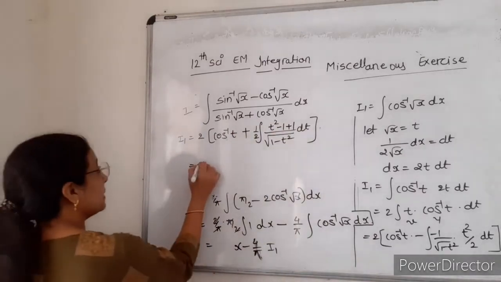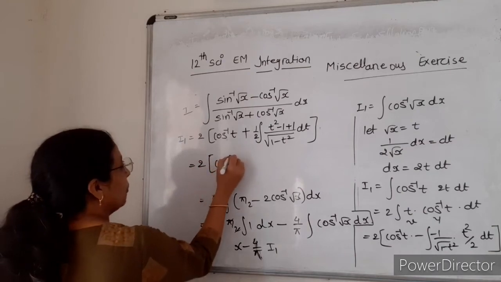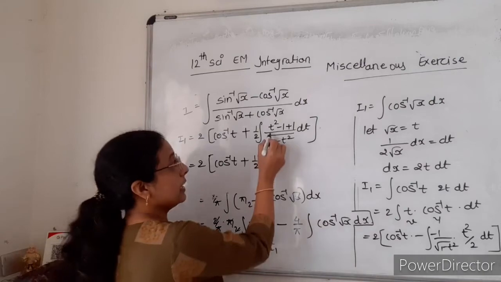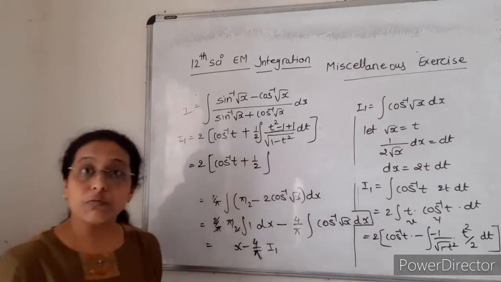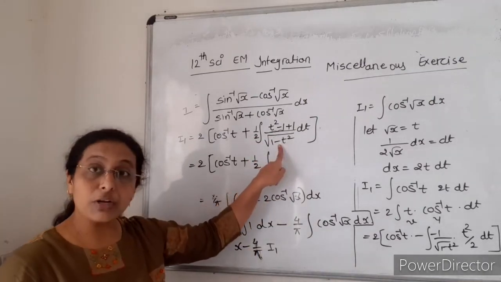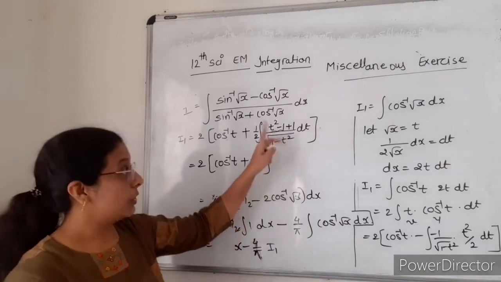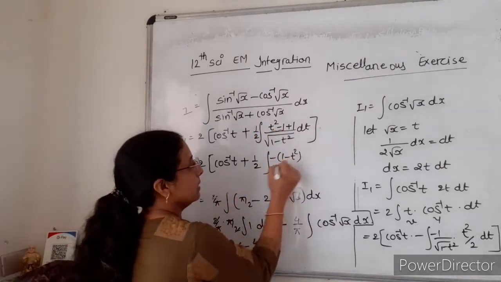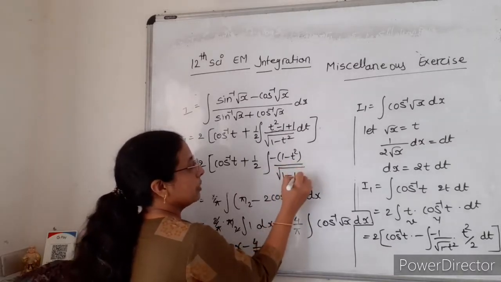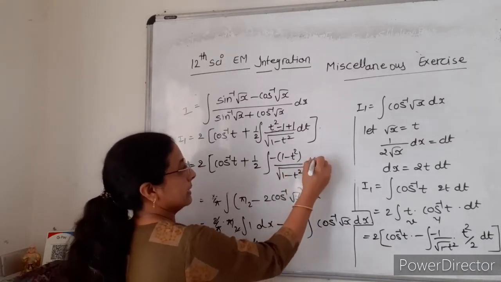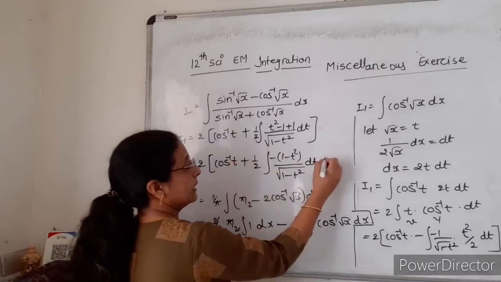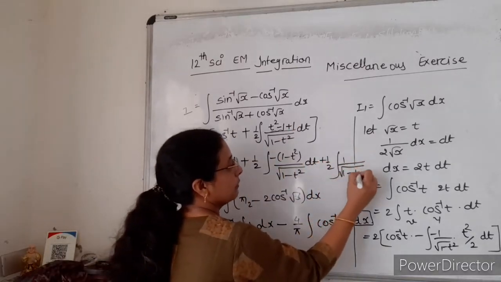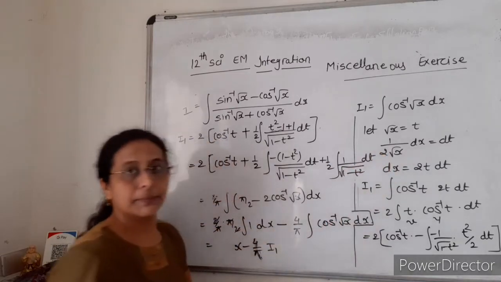Then what happened, it is 2 cos inverse t 1 by 2. If you take this t square minus 1 upon under root of 1 minus t square, so you have to write minus 1 minus t square upon under root of 1 minus t square dt plus 1 by 2 1 upon under root of 1 minus t square dt.